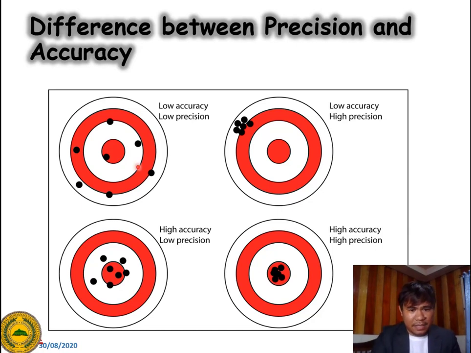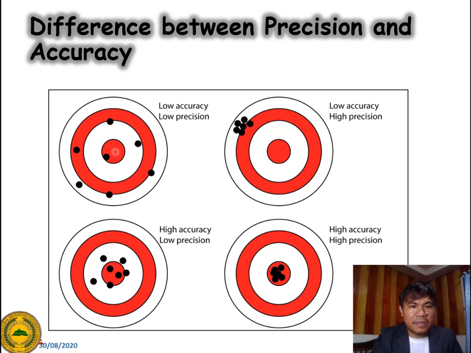So in this case, suppose you play darts, and these black dots here are the positions of your dart pins. Notice that on the upper left, we could say that the measurement has low precision and low accuracy, because the black dots are far from each other.